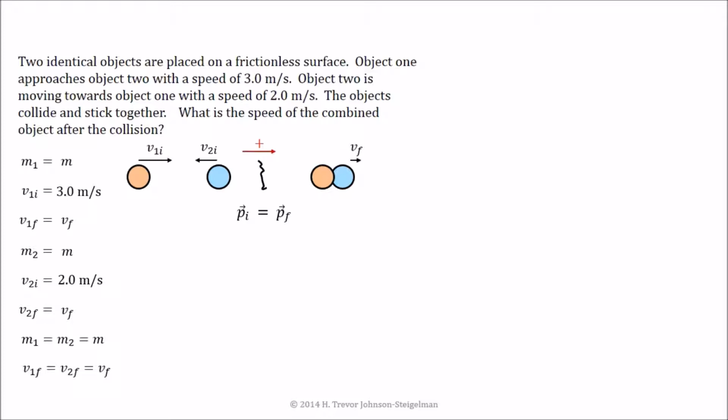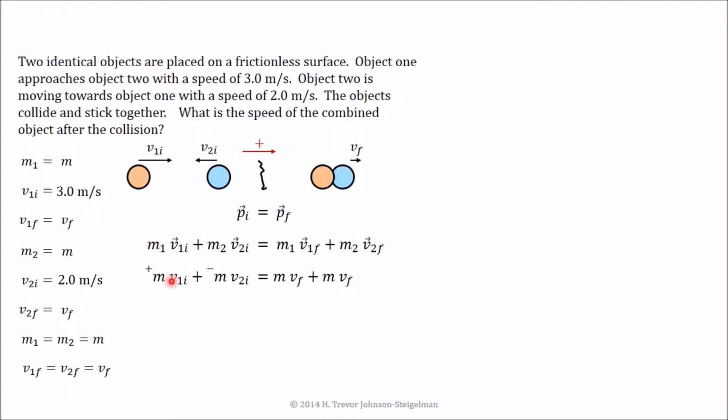So I draw in my initial and my final momenta, the conservation of momentum. Draw out the individual pieces of that as a vector equation, and now do it as an algebra equation.